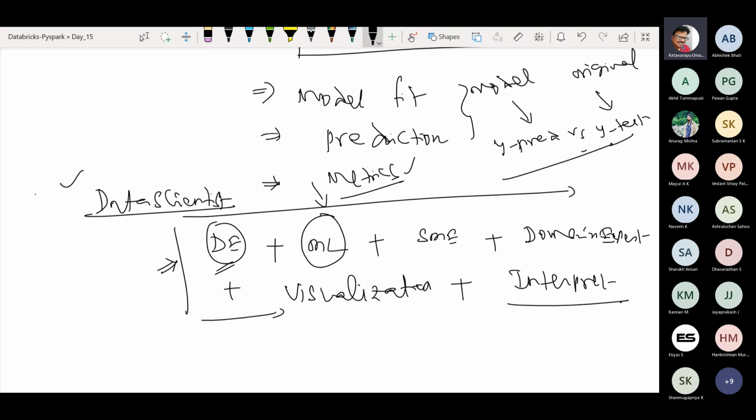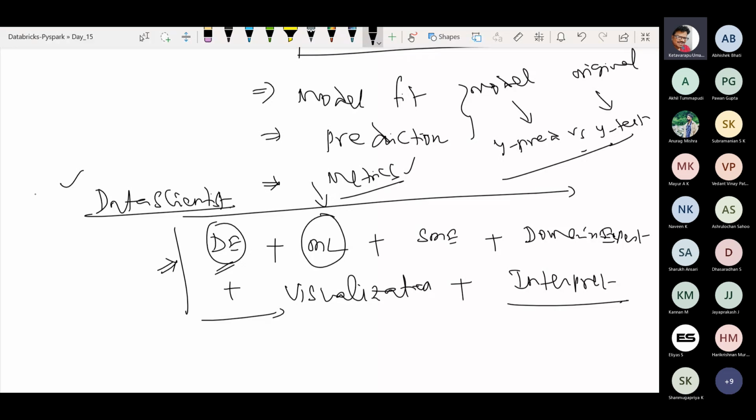So in that particular case, with the help of your metrics, and we have discussed these metrics many times: confusion matrix, AUC, ROC, F1 score, accuracy, precision, recall, sensitivity, all these things belong to the metrics of classification.